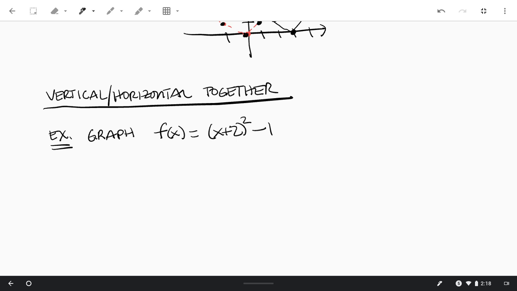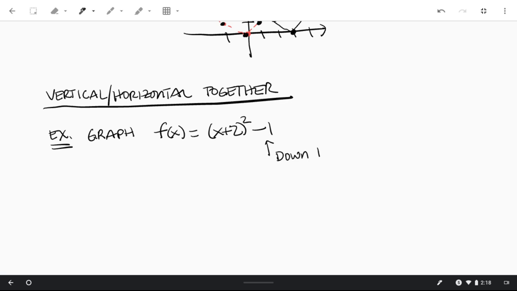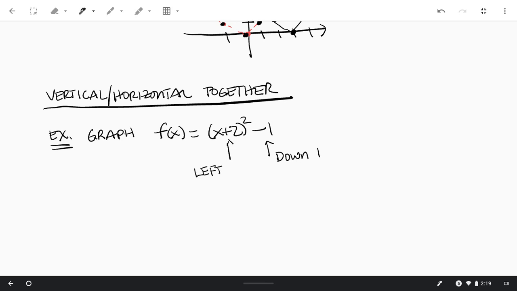So this outside number here tells me that I'm going to shift what direction? Hopefully you said down 1. And this one over here, inside, means I am going to shift what direction? Left 2.